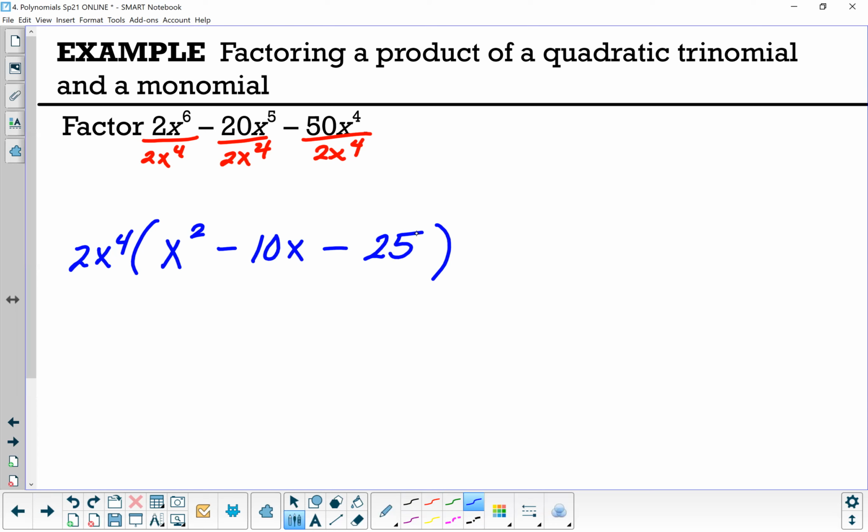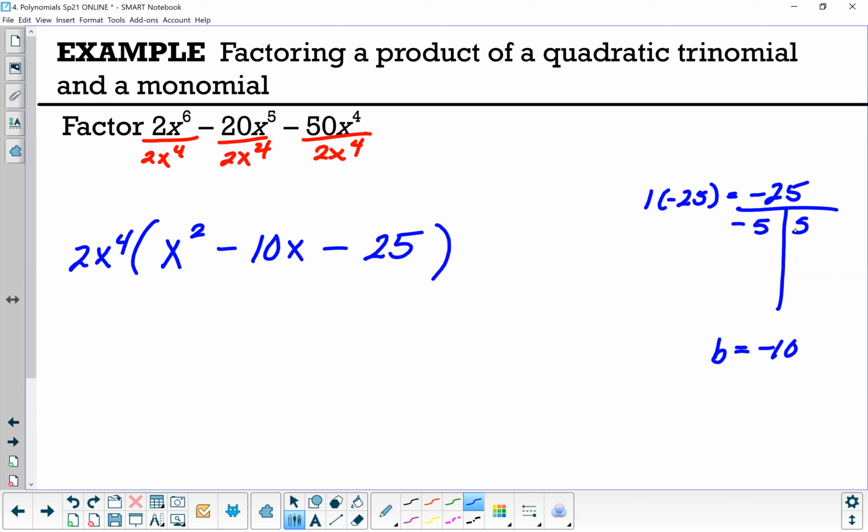Okay. The second factor, I'm going to look to factor that further using the AC method. A is 1, C is -25. So 1 times -25 gives us -25. So what multiplies to -25 and adds to be -10? -5 and 5? Nope.